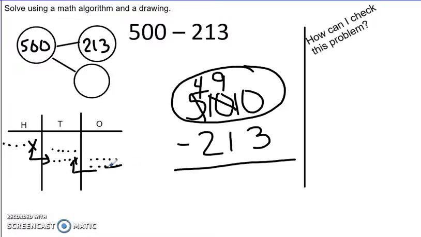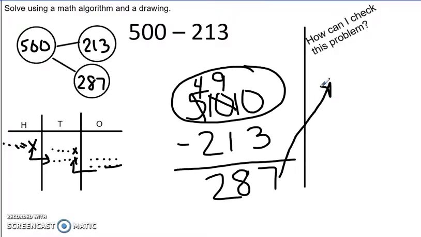So 10 minus 3 is 7. 9 minus 1 is 8. And 4 minus 2 is 2. So my missing part is 287.